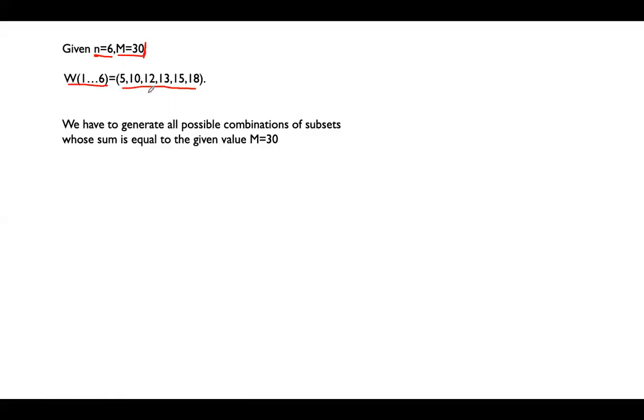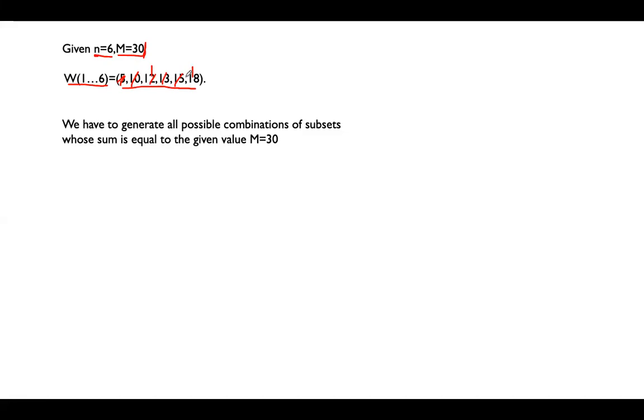By looking at the problem itself, you can see I need a total of 30, which means 5 plus 10 plus 15. Okay, this is one subset which will lead to 30. Another one is 12 plus 13 plus 5, 25 plus 5, 30. Another subset is 12 plus 18. That also leads to 30.